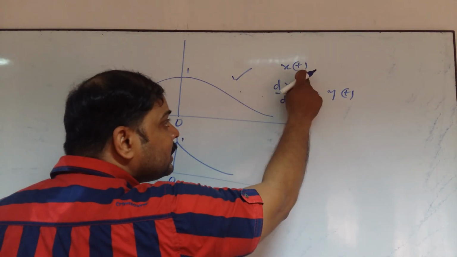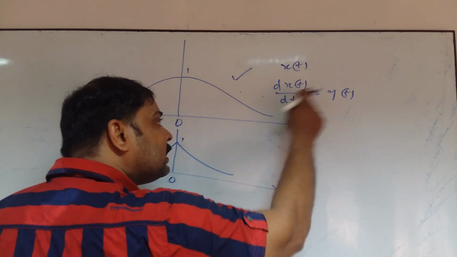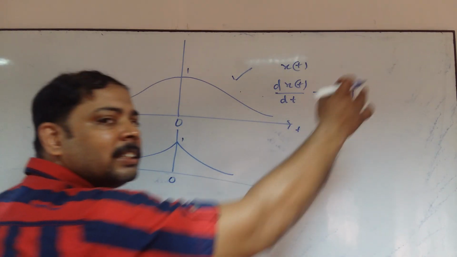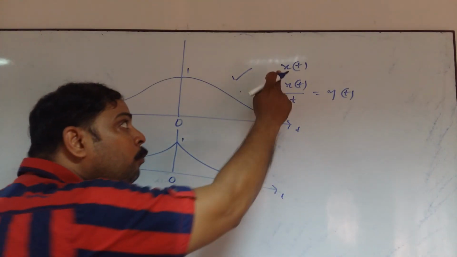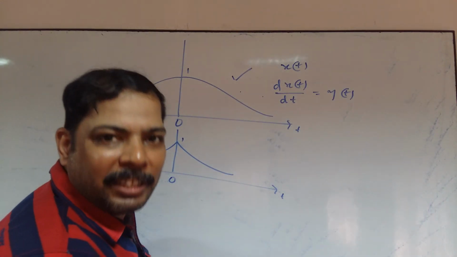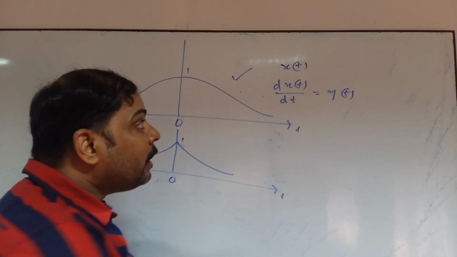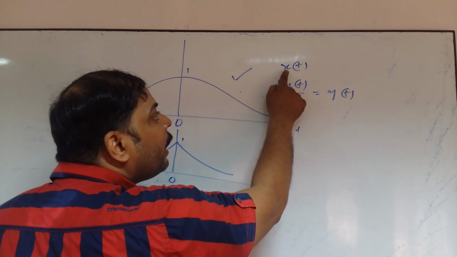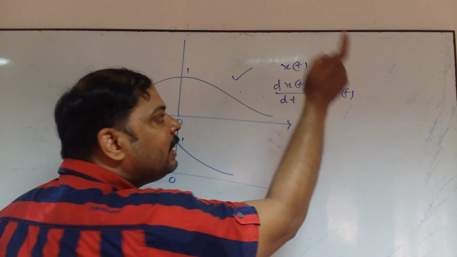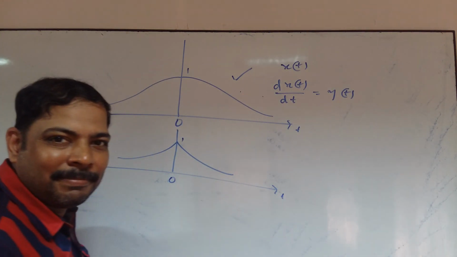What does y(t) represent? y(t) represents the slope of the tangent of x(t) for every time t. Again I am repeating, this represents the slope of the tangent of x(t) drawn at any time t, because that is also a function of time.